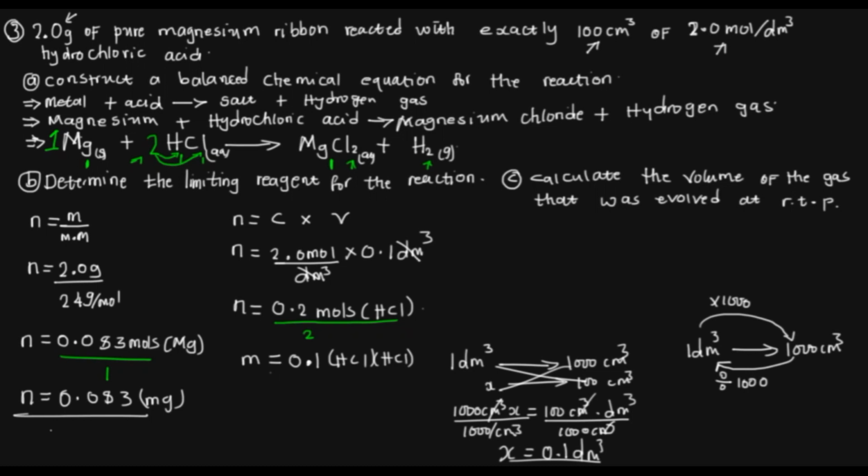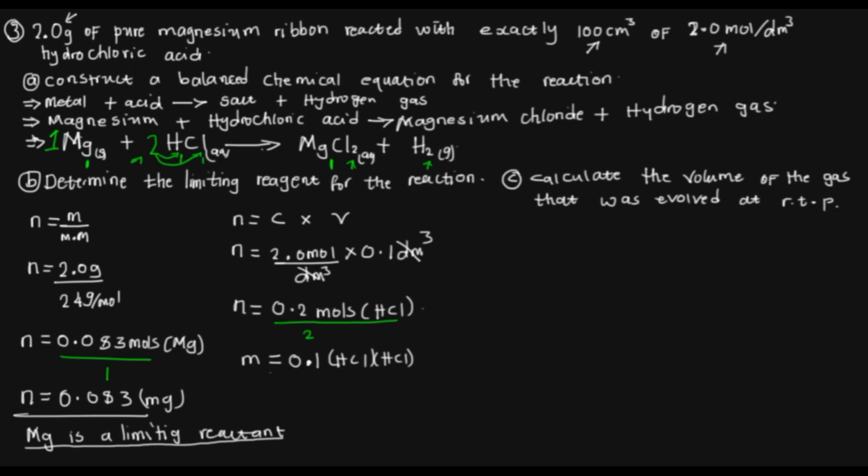So therefore our magnesium is a limiting reactant because it has a lower number of moles. So 0.08 is less than 0.1. So our hydrochloric acid was in excess.